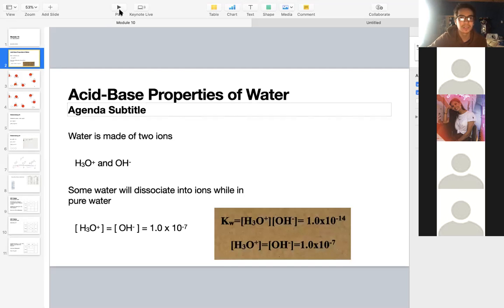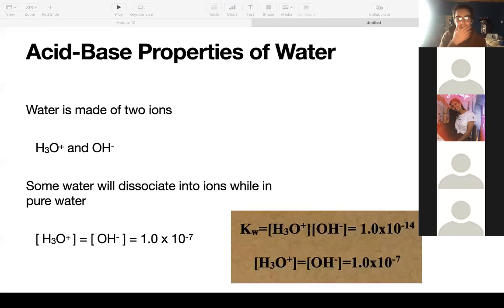So, properties of water. Water is basically composed of 2 ions, H3O plus and OH minus. H3O plus and H plus are synonymous with each other. We use those interchangeably.